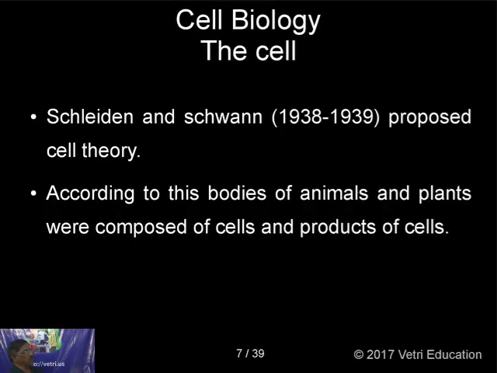Later, Schleiden and Schwann, between 38 and 39, proposed the cell theory. According to this, the bodies of animals and plants were composed of cells and products of cells. That is the cell theory proposed by them in 38 and 39.